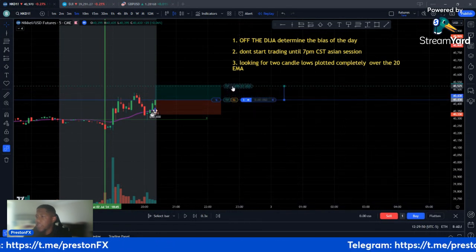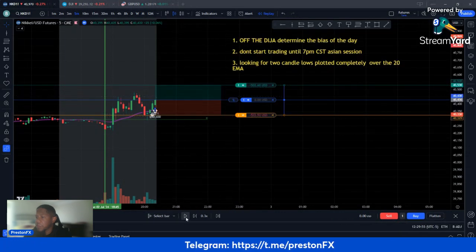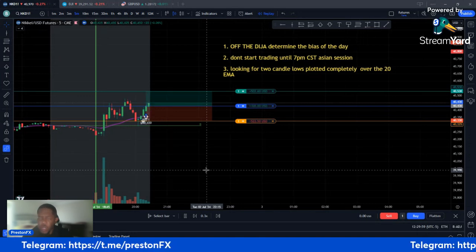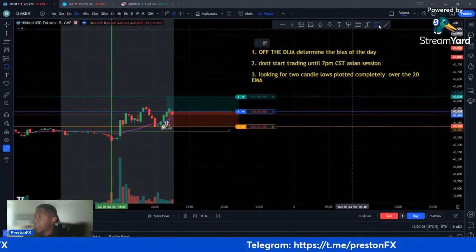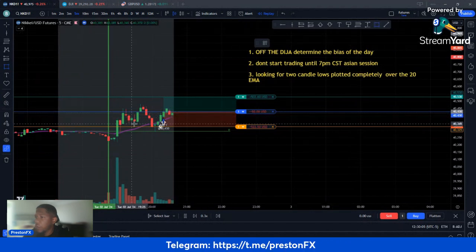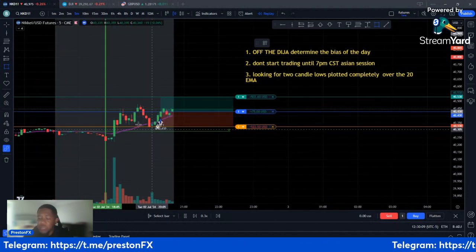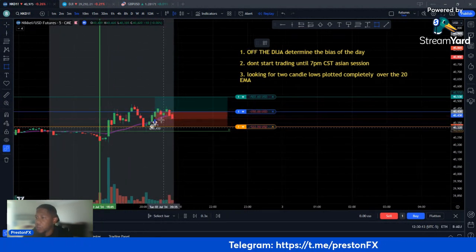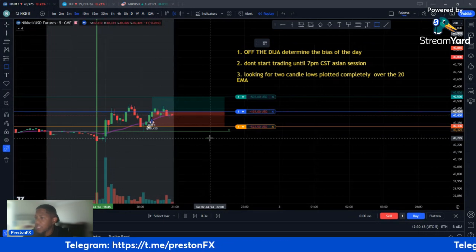Let's see if we got it. We want it to be right crossed over the 20 EMA. Up here, we don't want it right here, because it didn't cross over and it's too far up for me. Now it might keep shooting up, but I don't care about that. We want it right here. Boom. All right.